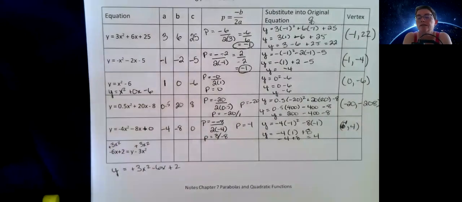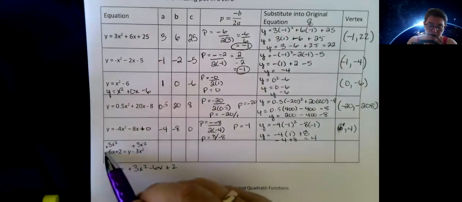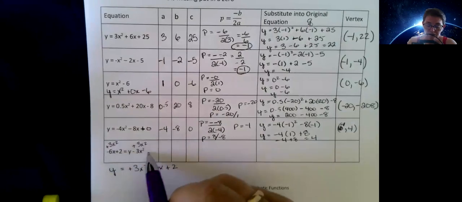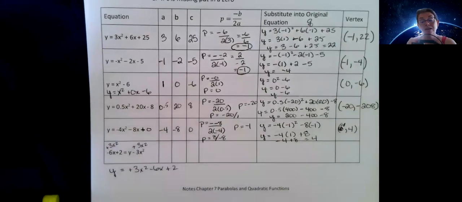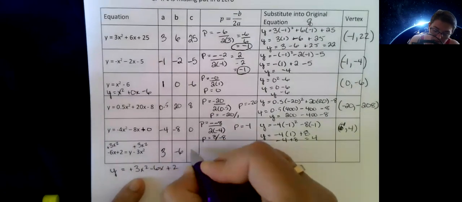In any equation, you can actually flip the left and right sides. I don't normally show people that because then they start doing it at random times when they shouldn't. Otherwise, I was going to subtract y, move all this to this side, and at the very end divide by minus 1. So this was just faster. 3, minus 6, and 2.